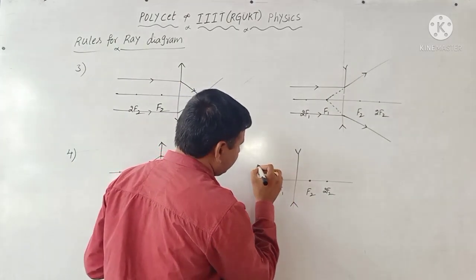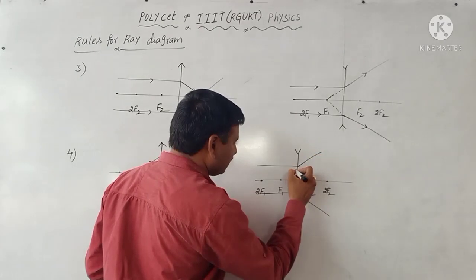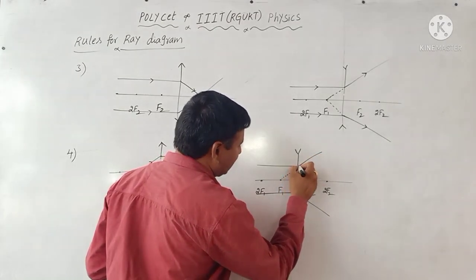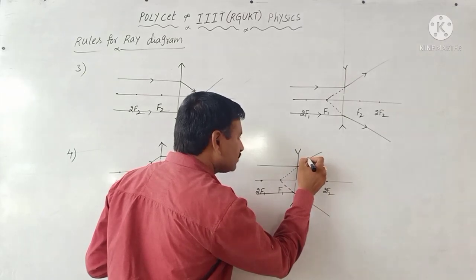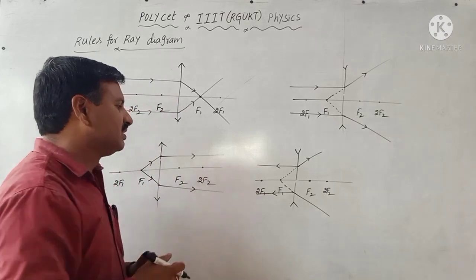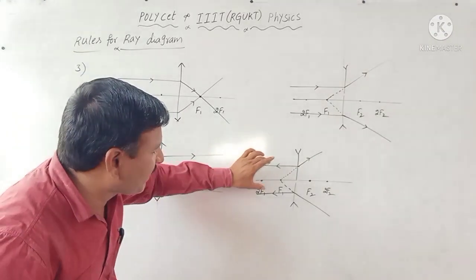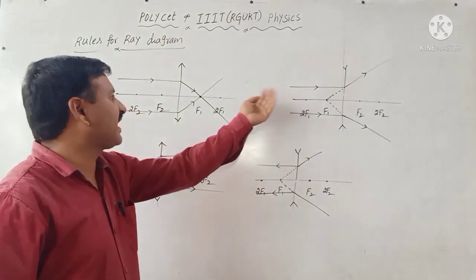Already you know that these are diverging light rays, so here the light rays are coming from focus. So this is the ray diagram. In rule 3, the light rays passing parallel to the principal axis pass through focus after refraction.